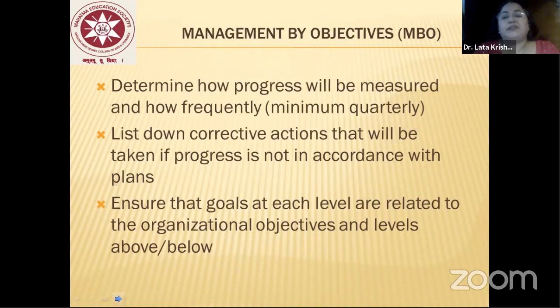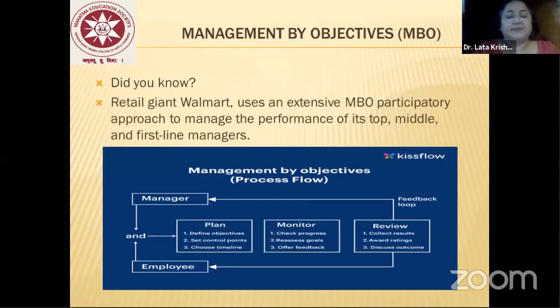Determine how progress will be measured and how frequently. At least a quarterly cycle has to be maintained. List down corrective actions that will be taken if progress is not in accordance with the plan. Ensure that goals at each level are related to the organizational objectives and levels.